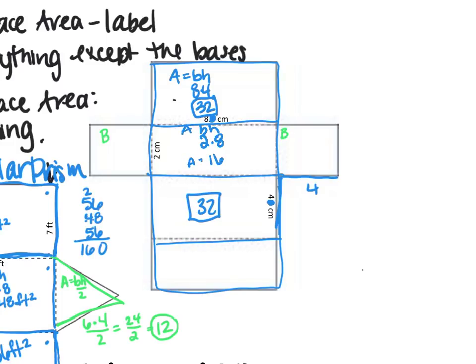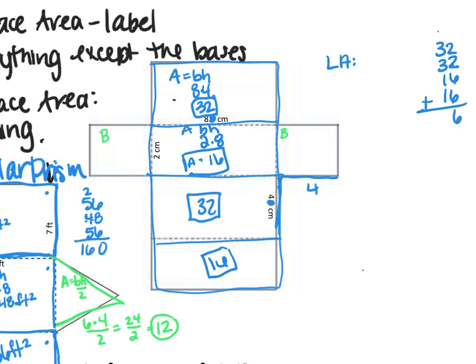So this one's 16. So this one is 16. Okay. So the lateral surface area is 32 plus 32, 16, and 16. And then we got 96 centimeters squared.